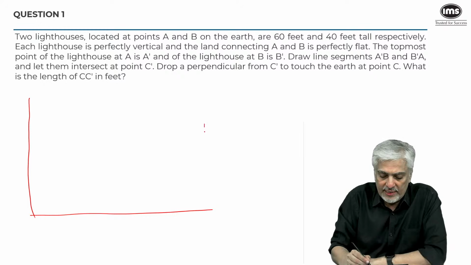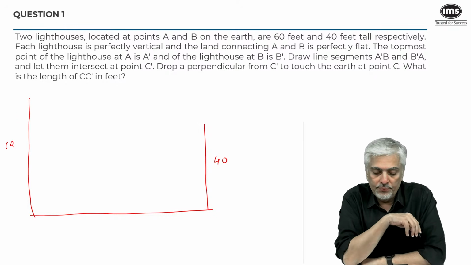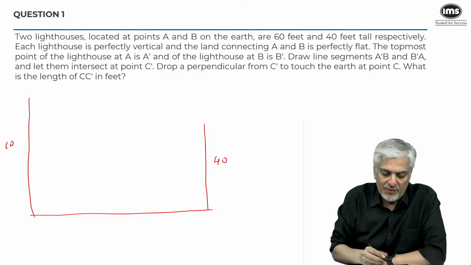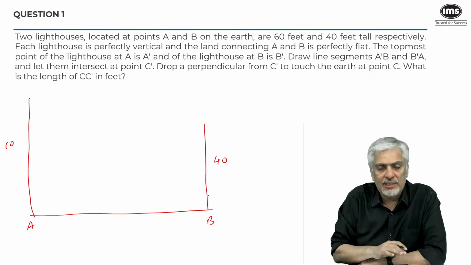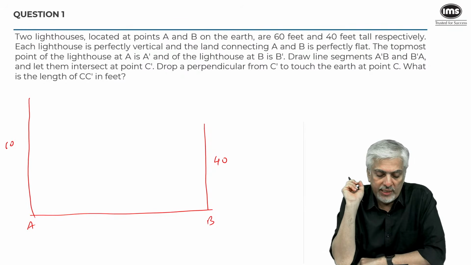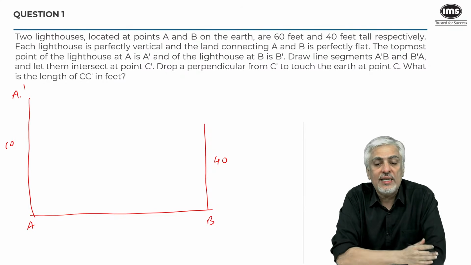So let's take, say, this is the 40 feet lighthouse, this is the 60 feet lighthouse. Each lighthouse is perfectly vertical and the land connecting A and B is perfectly flat. So this is A, B. The topmost point of lighthouse A is at A dash and that of lighthouse B is at B dash.